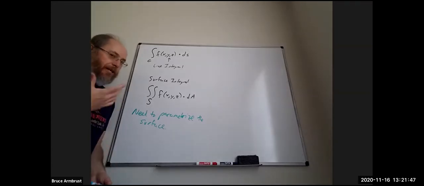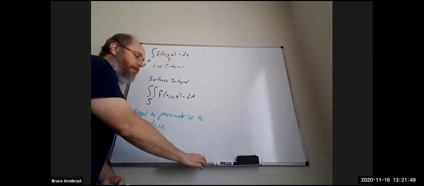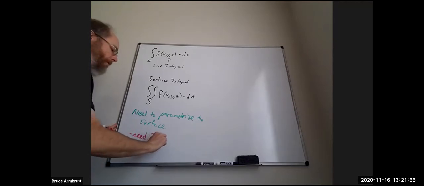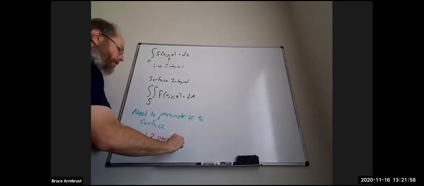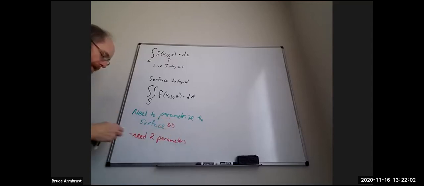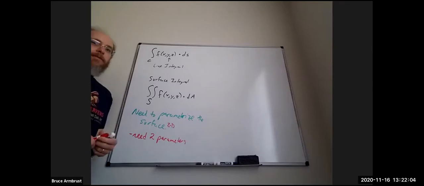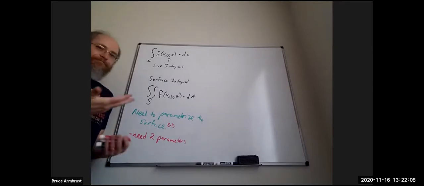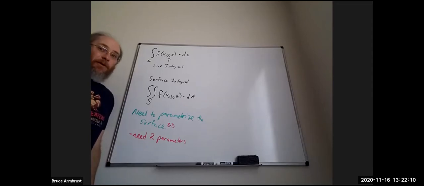And again, this should kind of make sense because a surface is two-dimensional. So since it's a 2D surface, we're going to need two parameters. But it's the same kind of idea as what we did before.